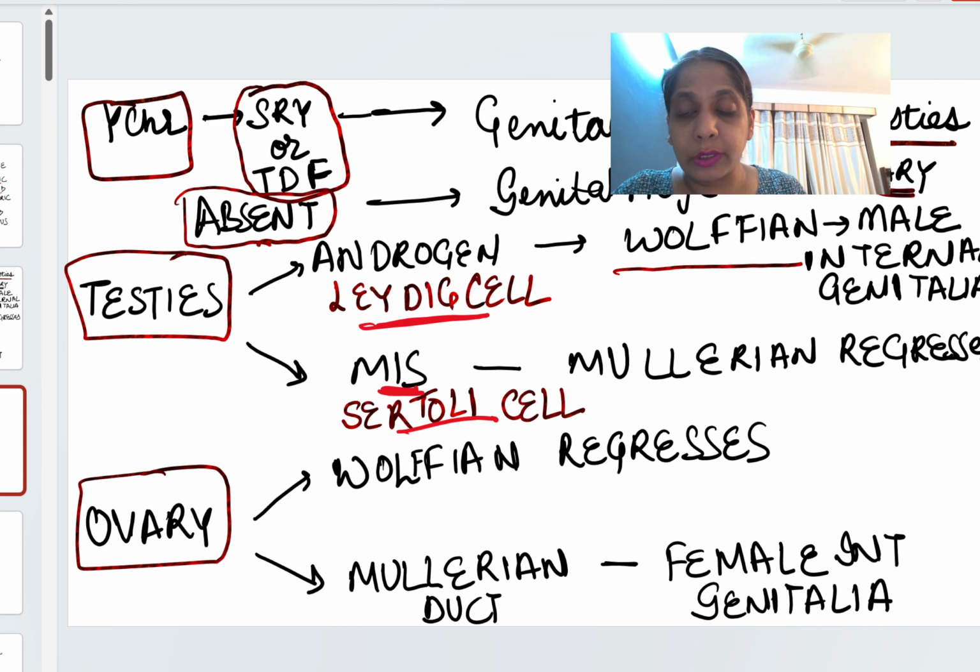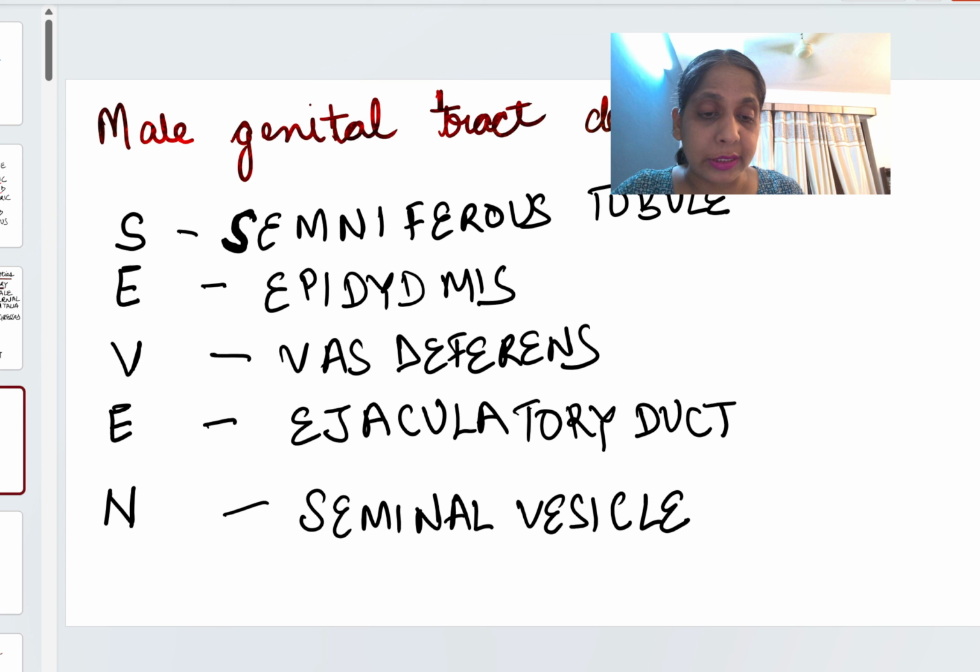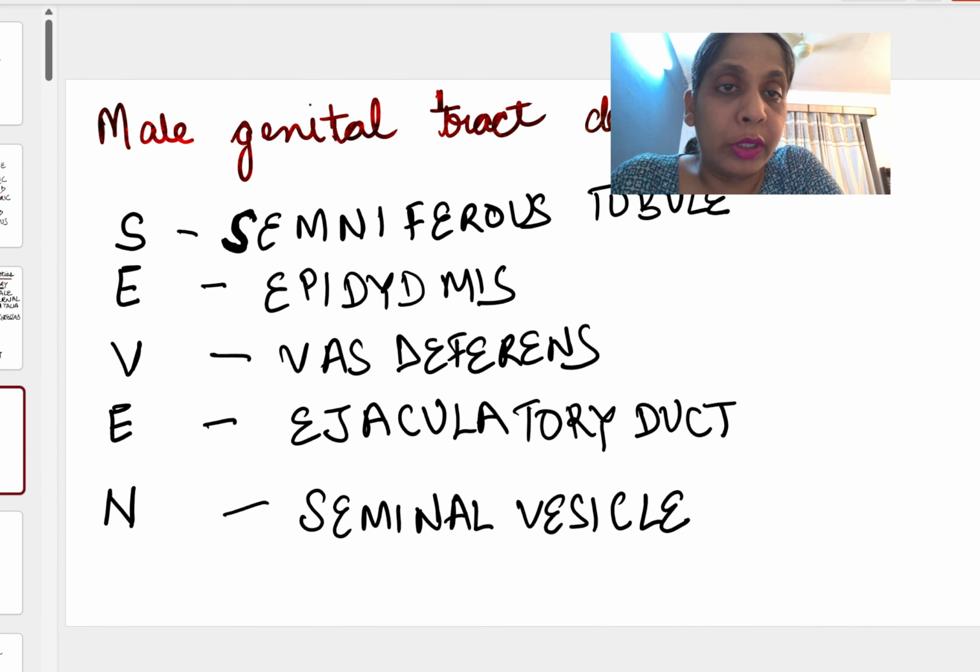Now, let us see what all structures the Wolffian duct forms. The last part of the male genital tract is mixed with the urinary system, right? What all structures the Wolffian duct is forming, first of all, its mnemonic is SEVEN.